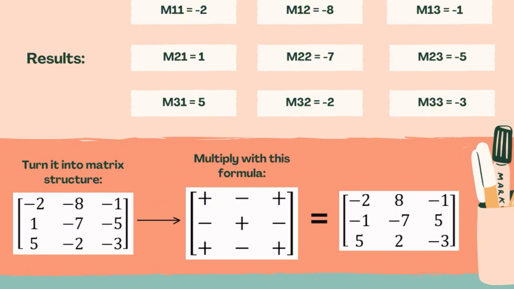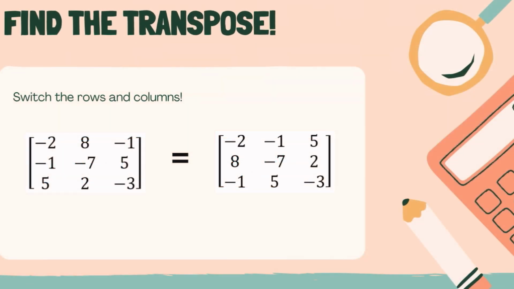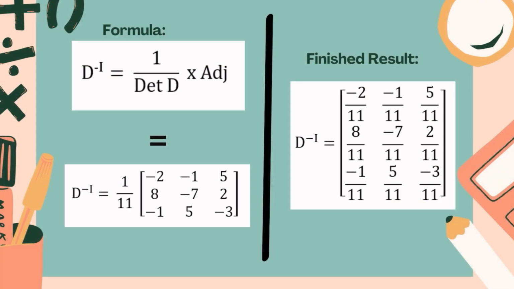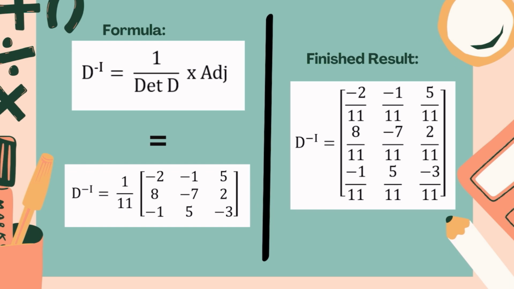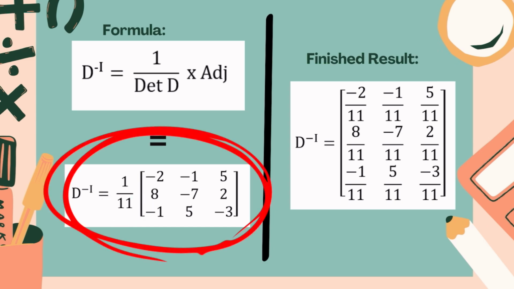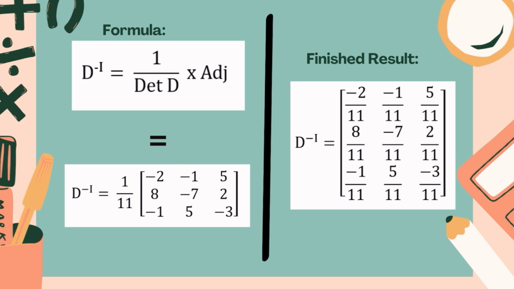After multiplying it with this formula, you're going to find the transpose of this matrix. After getting the transpose, you can put it in the formula that I've given you, the very first formula, and you will take the determinant that you already counted before and put it in the formula too. After that, you will get this. And then you have to count it normally.